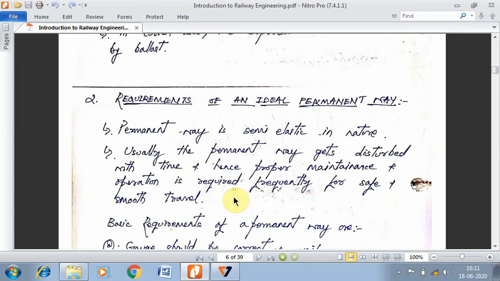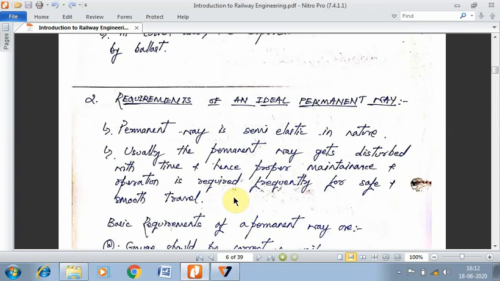So a permanent way is considered to be a semi-elastic medium, and being semi-elastic, it is expected to absorb these stresses and shocks uniformly and then distribute them to the underlying layers, or the ground that is there below it.